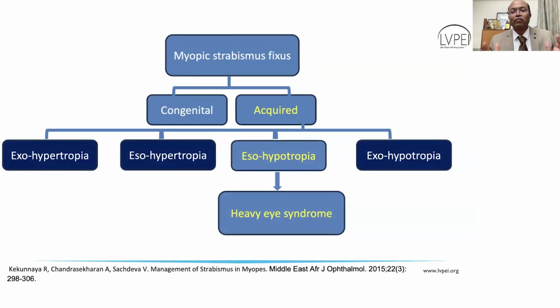Amongst the acquired, isohypertropia, as we all know, is the most common presentation. We traditionally call it heavy eye syndrome. Other than that, there are three other varieties of MSF, that is exohypertropia, then exohypotropia, or the isohypotropia, which we are going to learn about, these three rare types.